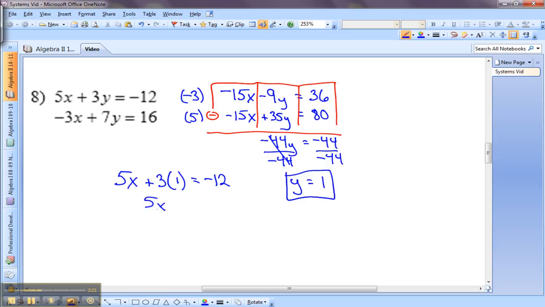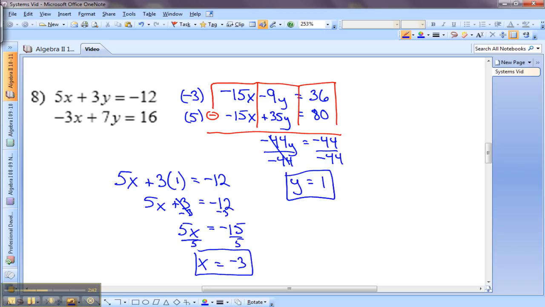Simplifying, we get 5x plus 3 equals negative 12. When we subtract 3 from both sides, we get 5x equals negative 15. And dividing both sides by 5, we see our x value is negative 3.